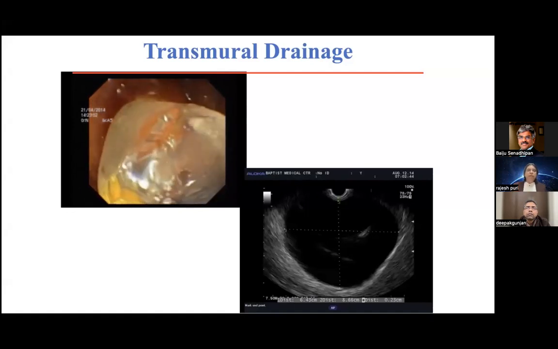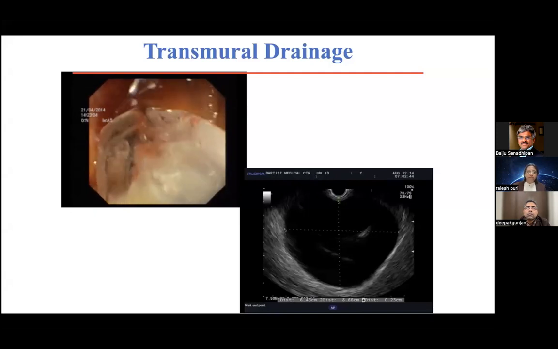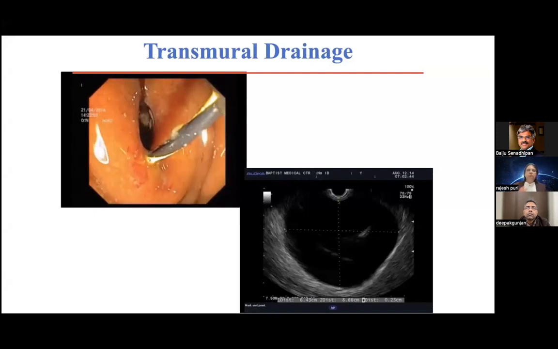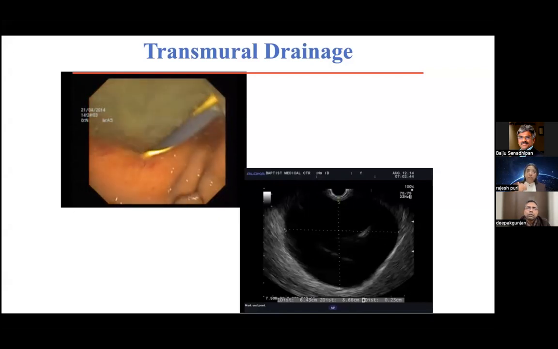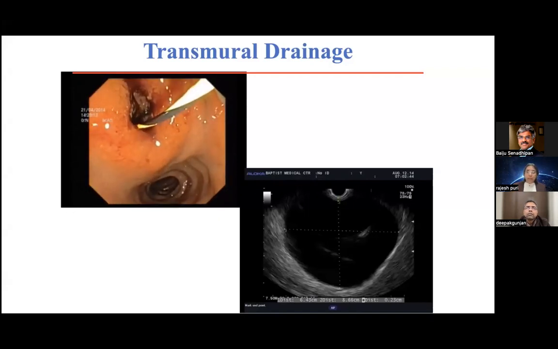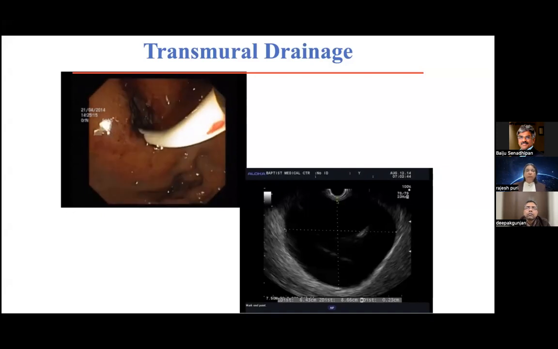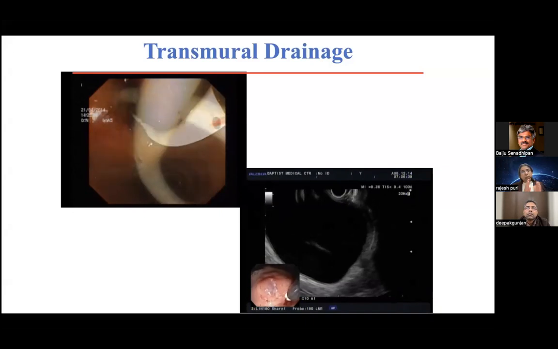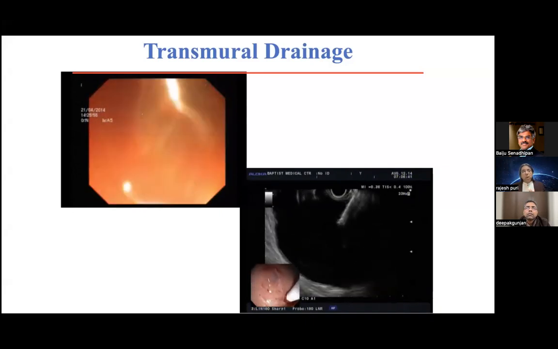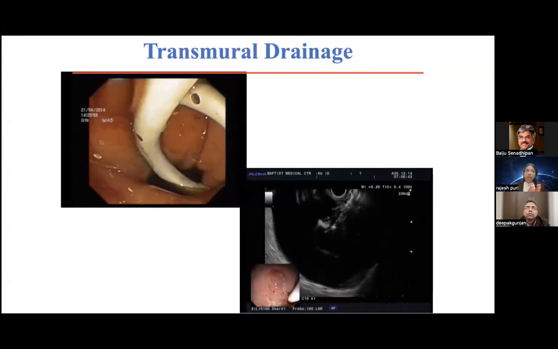So avoid ERCP-guided pancreatic fluid drainage, even if you find a bulge is present. Why? Because many times there is an intervening vessel between the wall and the cyst, or there is a possibility that you may land up in a perforation.